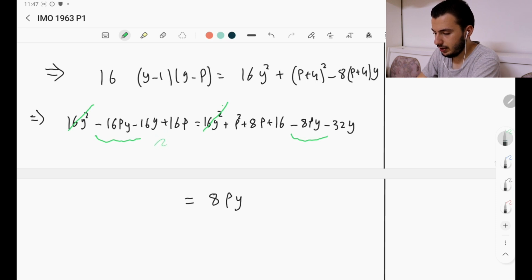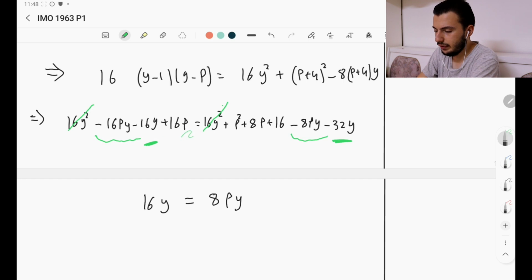What else can we do? What about the y's, the constant times y? Negative 16y, negative 32y. We can combine these, and let's take it to the left hand side now. It will be 16y.